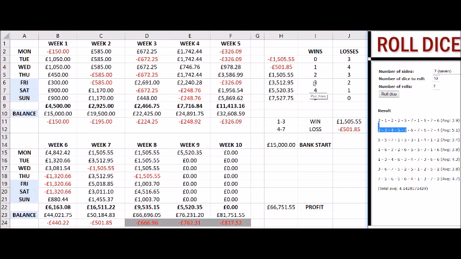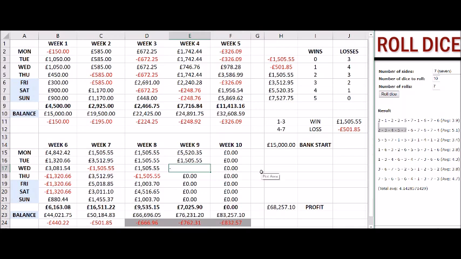Two wins, 1505. Minus 15. 3 wins, 3512.95. So on Friday, I've had 3 wins so far, and then a loss.